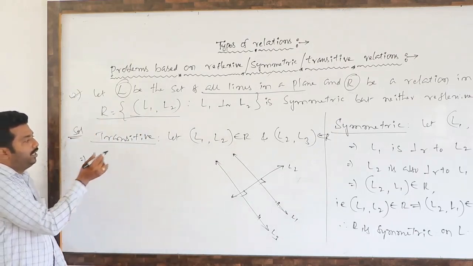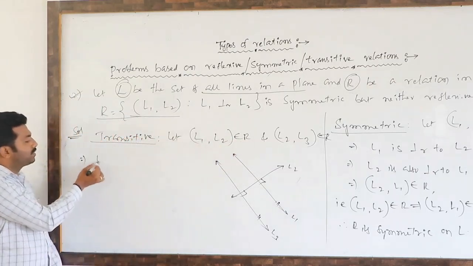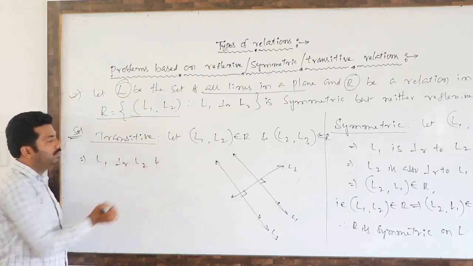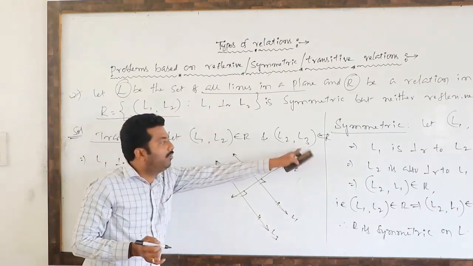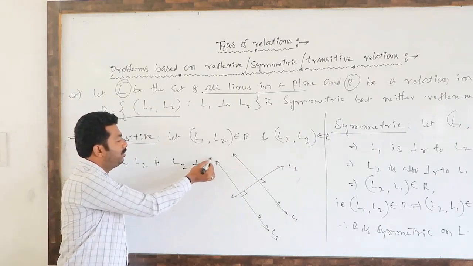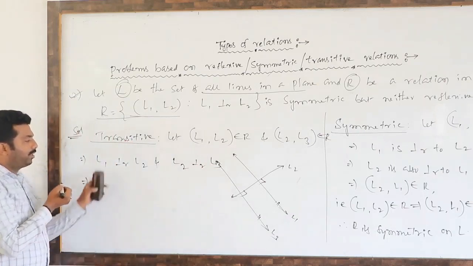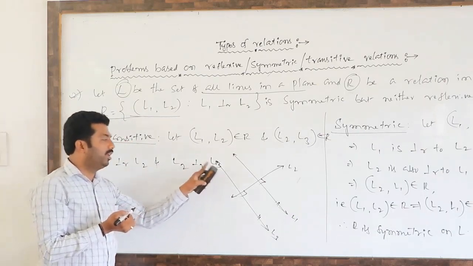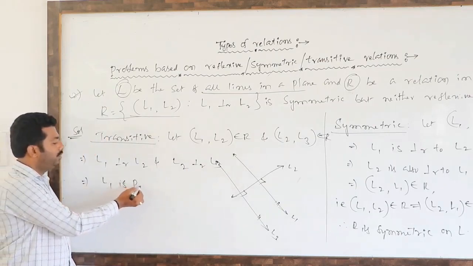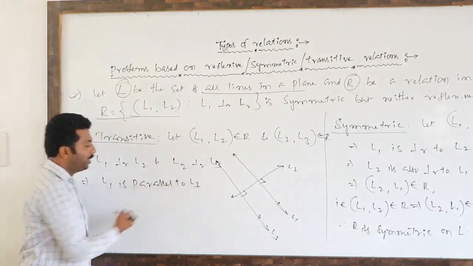See here. L1 comma L2 belongs to capital R means L1 is perpendicular to L2, and L2 comma L3 belongs to capital R means L2 is perpendicular to L3. So L1 is parallel to L3.